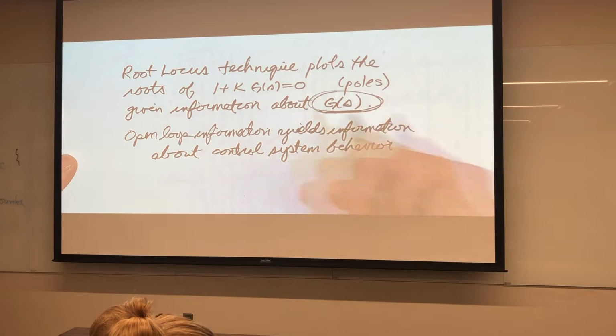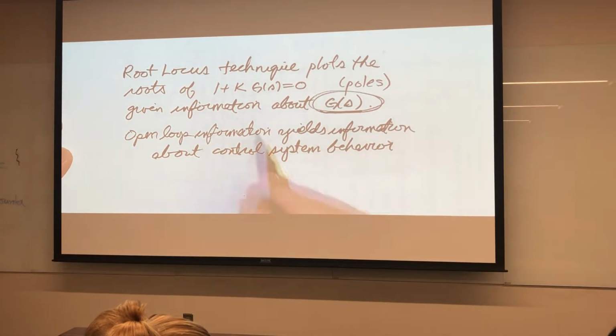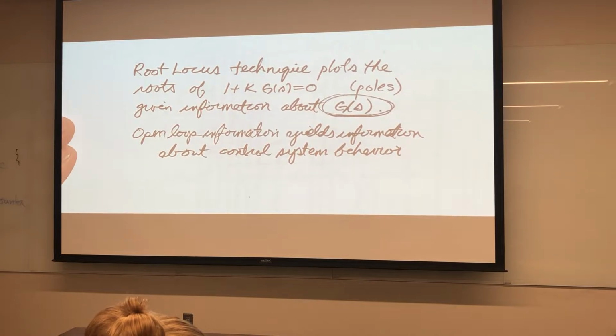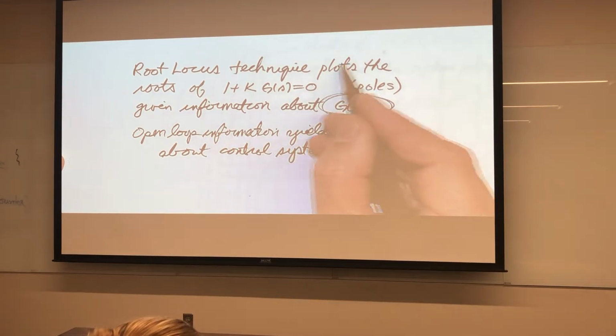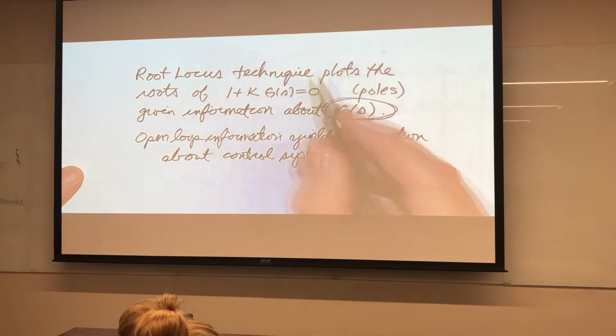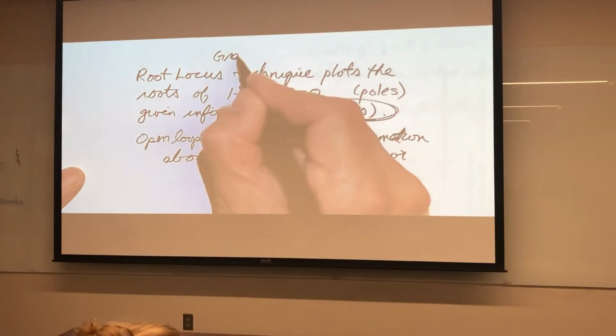So we're going to start with this, and we're going to end up knowing what the roots are for the closed loop system. That's the root locus technique. It's a graphical technique, just like the frequency response was often done graphically.